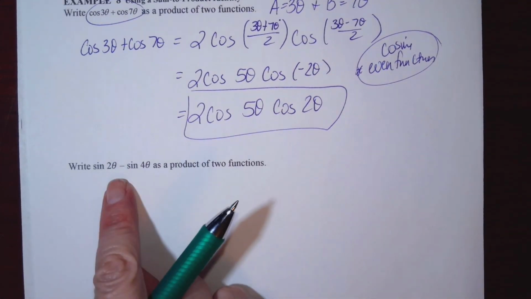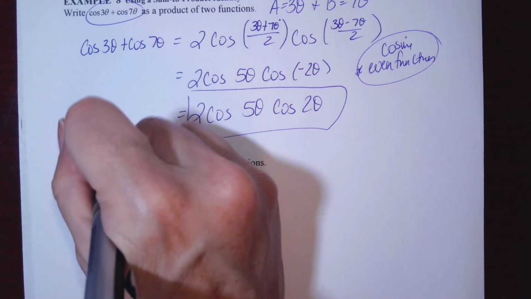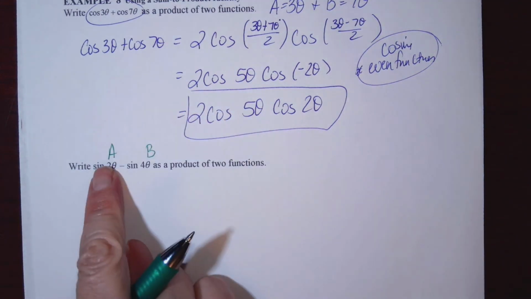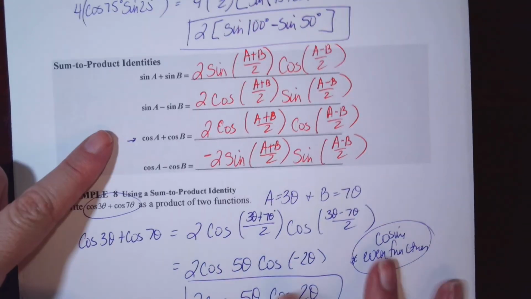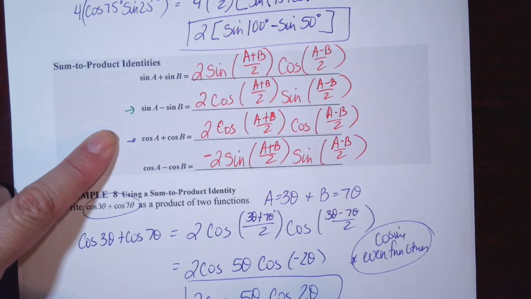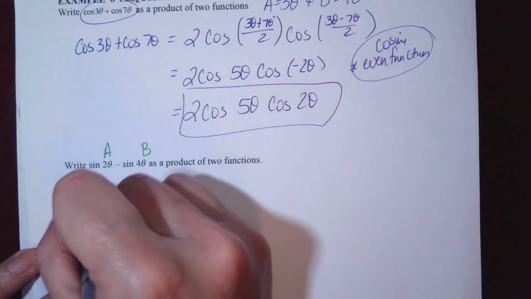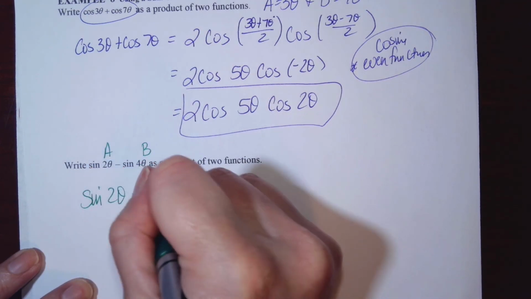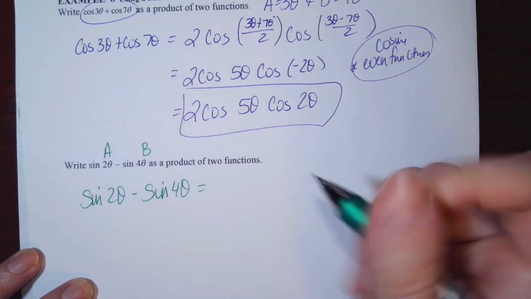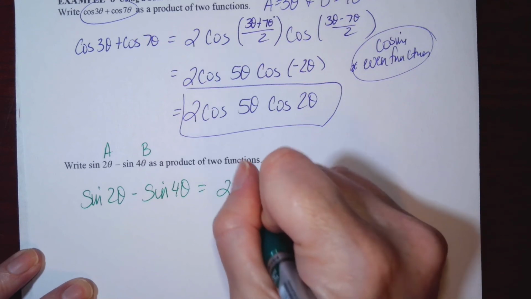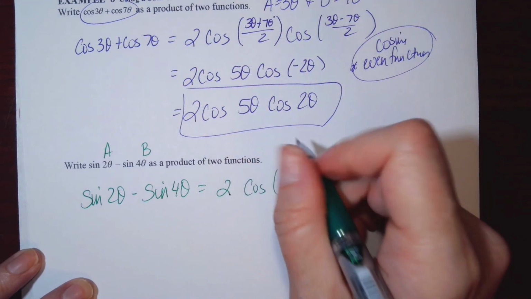Here we go again, sum to product. This is A, this is B. I'm doing sine A minus sine B. That's my second option up here. So sine A minus sine B is equal to 2 times the cosine of half the sum.